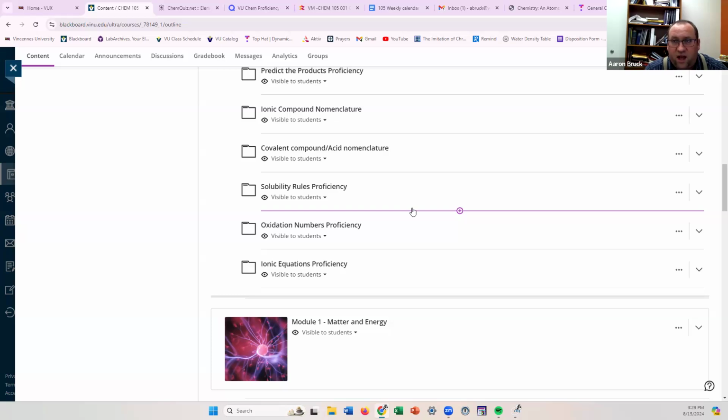And it's just a matter of time and practice and getting to that point. But the big takeaway that you need to know and understand is that you have to pass all 10. You cannot get by only doing a couple of them. You have to pass all 10 or you cannot pass the class.